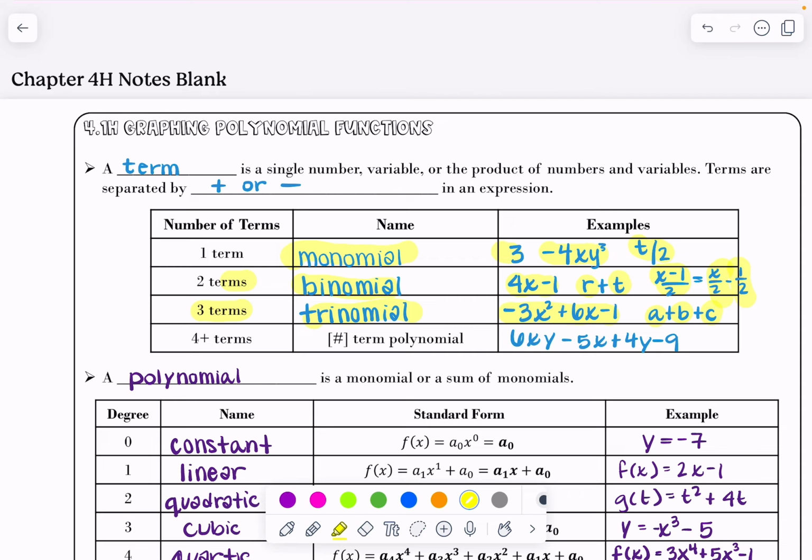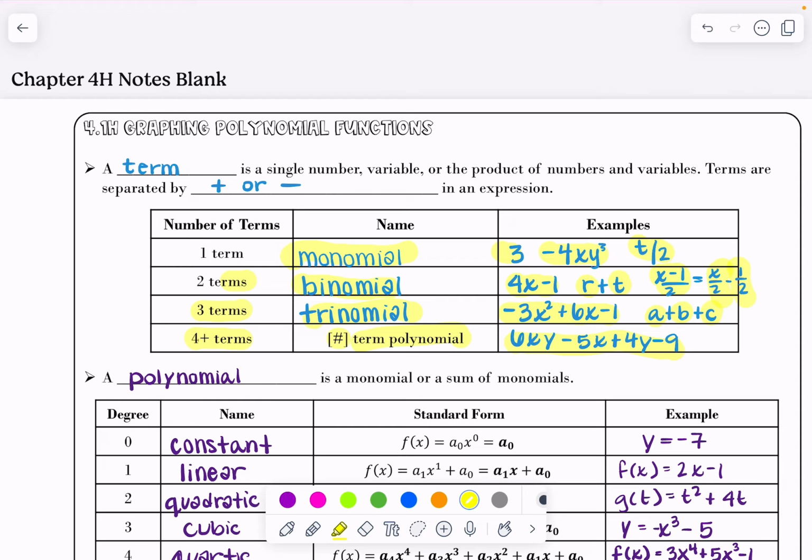Then finally, it's anything 4 terms or higher. The name is going to be the number of terms, and then polynomial after. So 4-term polynomial, 5-term polynomial, etc. Example here, I stretched it out a little bit. So 6xy minus 5x plus 4y minus 9. You can do z's, q's, whatever letter your heart desires as well.